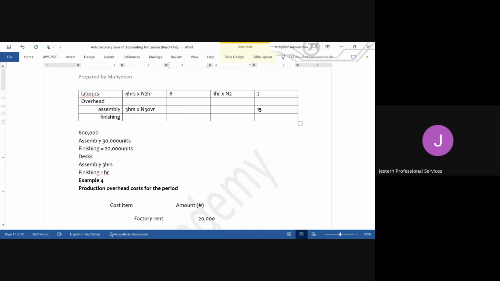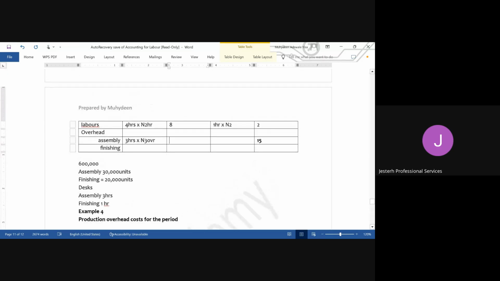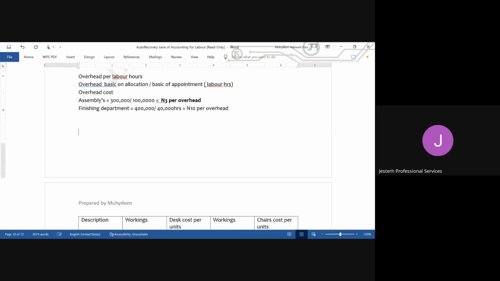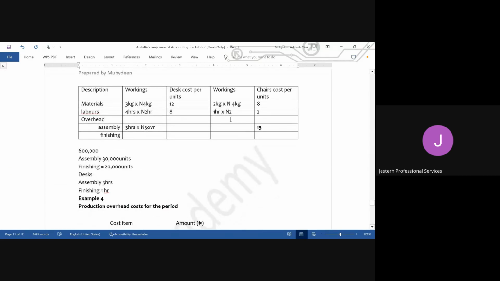Then you multiply it: 3 multiplied by 3. So to produce our deck, the total allocated overhead cost is going to be 9 naira under assembly.